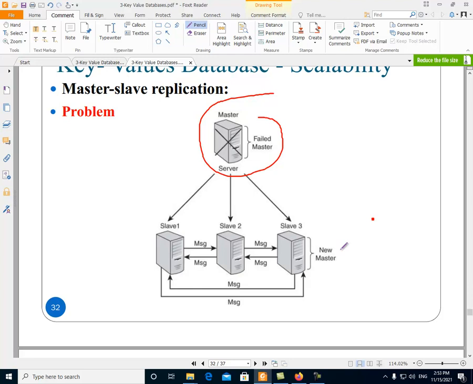So this is one type of replication that could be used in the key value database. We have some copies of the data and they could help to have scalability in the read operations. Thank you very much.